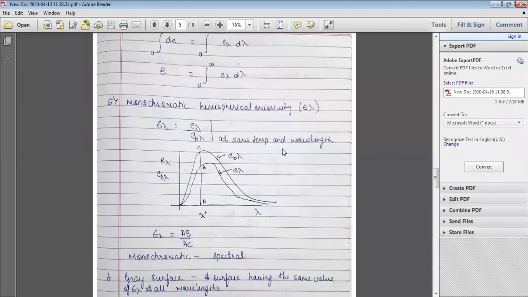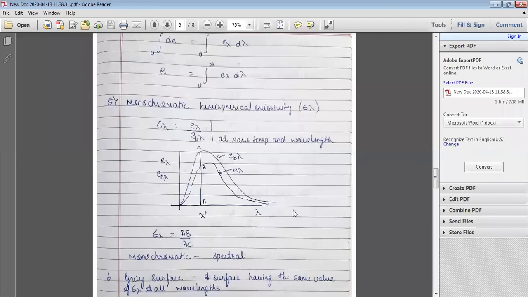I'm going to consider it for the same temperature and wavelength.